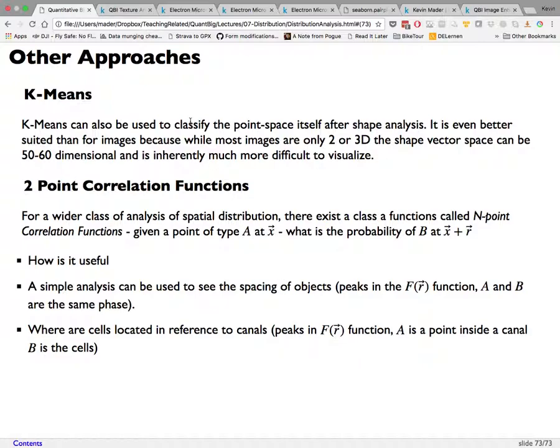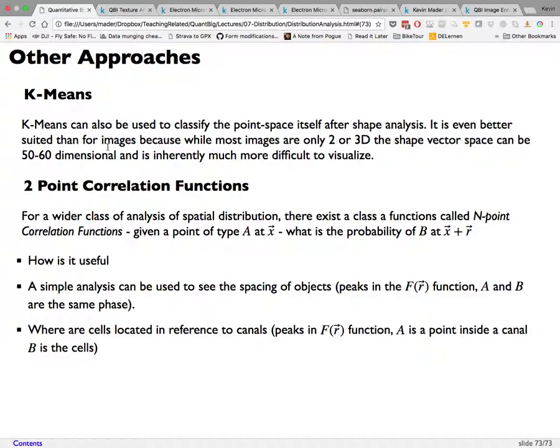For the other approaches you have for dealing with these kinds of objects, you can start to use k-means to classify the point space. Just like you use k-means to classify the pixels, you can classify each of the points using k-means clustering, which then groups them into different groups based on the features that you've calculated for them.